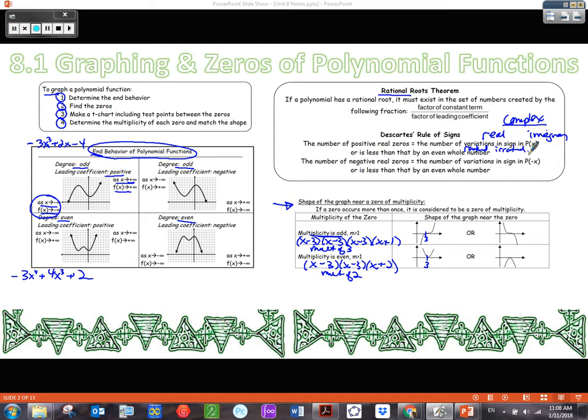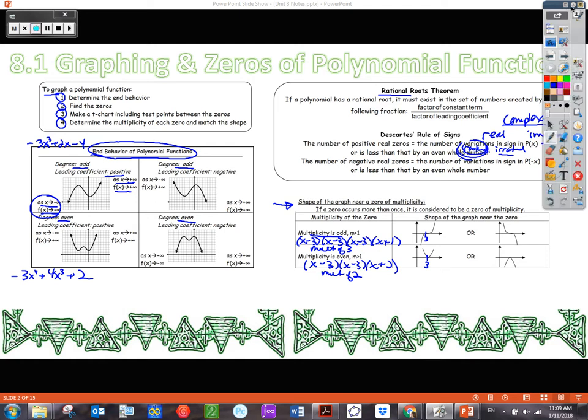Some examples of rational numbers would be 2/3 or 5. Some examples of irrational numbers would be the square root of 2 or pi. Those would be rational versus irrational numbers. This rational root theorem only finds these kinds of roots, the rational roots. It does not find irrational or imaginary roots. It is only good for rational roots.